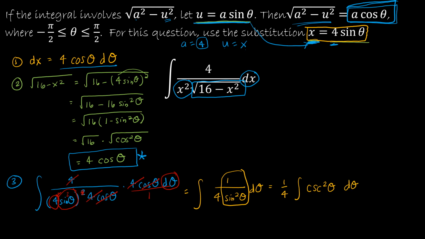So that's step 3. Step 4 is to integrate. So I'm going to actually now integrate 1/4 cosecant squared theta, d theta, and that's going to give me negative 1/4 cotangent theta plus c.